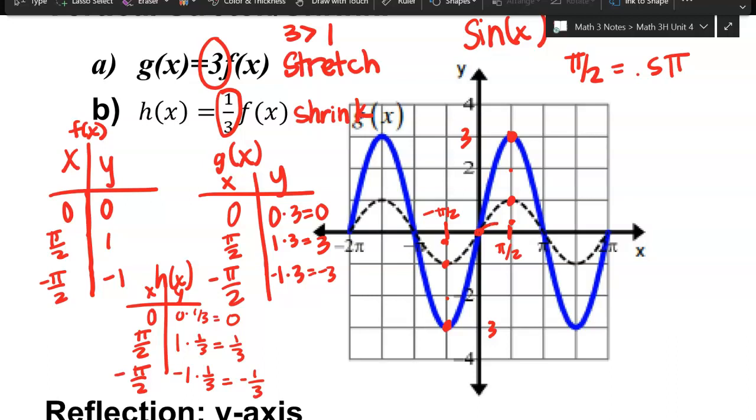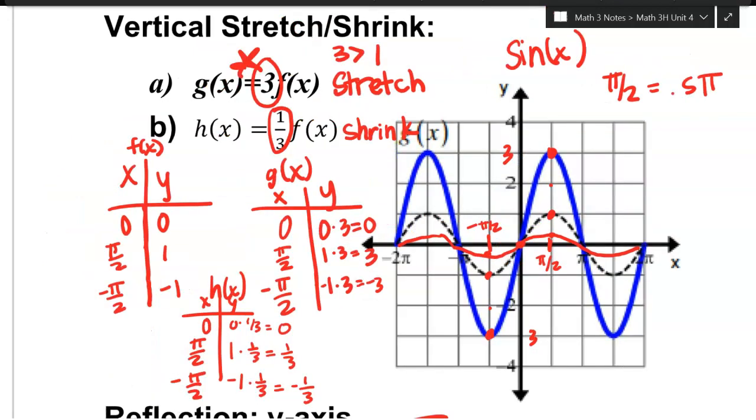If you sketched it, it would kind of look like this. We are flattening that curve, which is shrinking those y values closer to the x-axis.